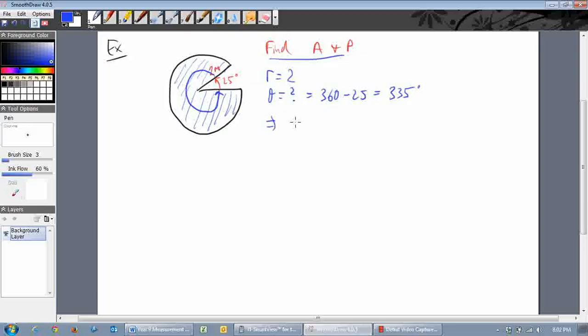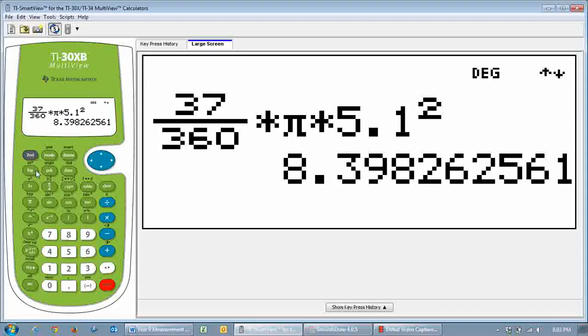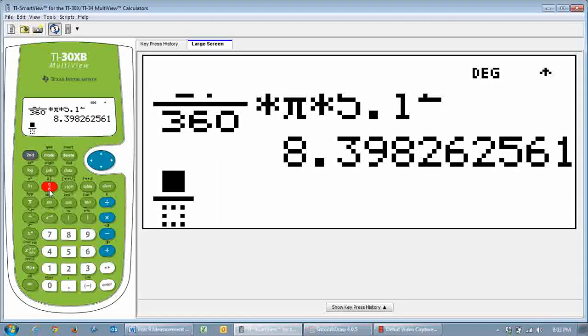Good. So therefore, area is equal to theta over 360 times pi r squared, which is 335 over 360 times pi times 2 squared. Into the calculator: fraction, 335 over 360.